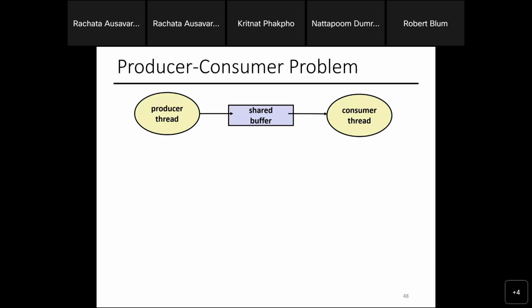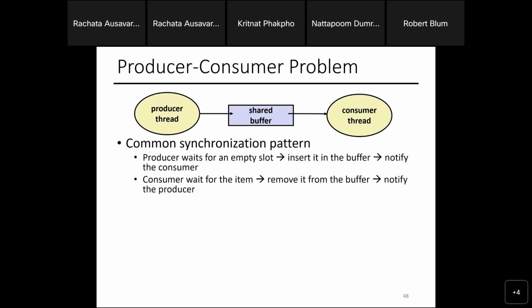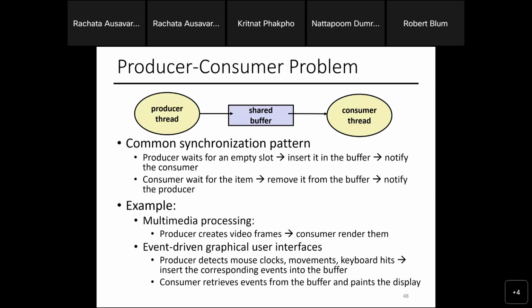I only have one slot for the buffer. Only one producer producing something, and only one consumer taking something from the buffer. This is a common synchronization problem because if I produce something, that slot had better be empty. If I want to take something out, that slot had better be full. This can be something like multimedia processing.